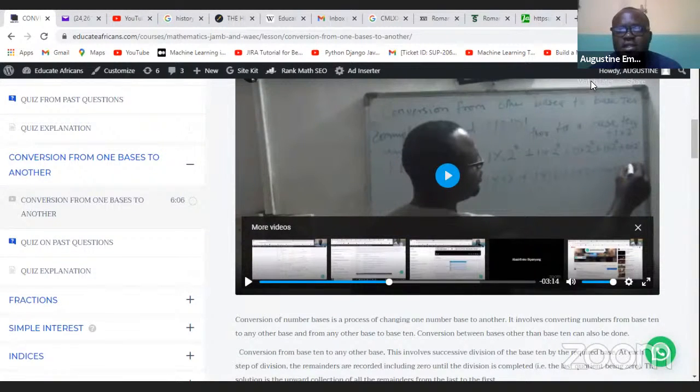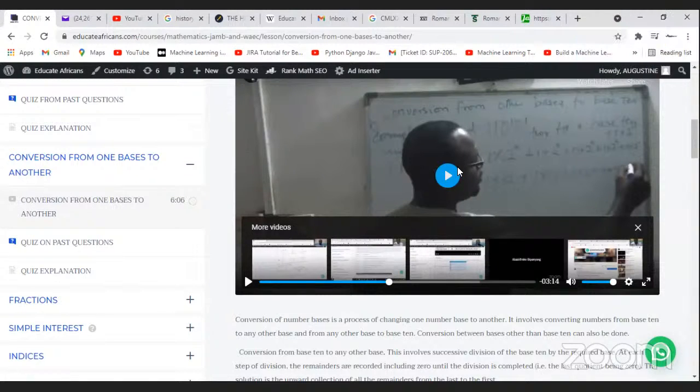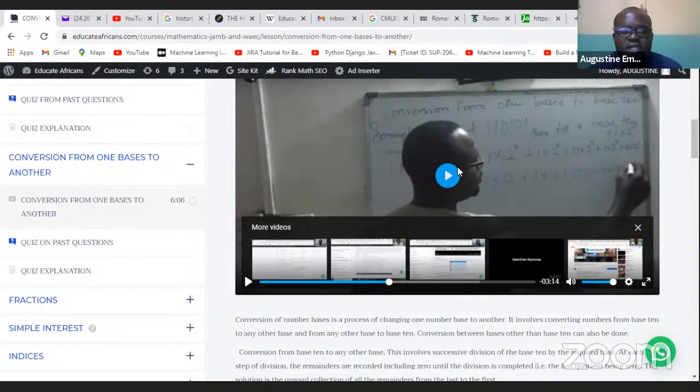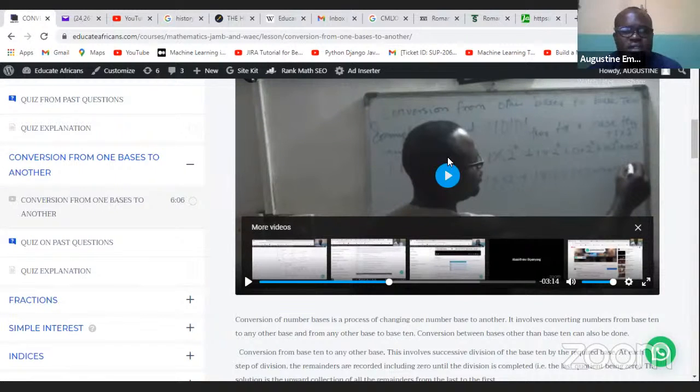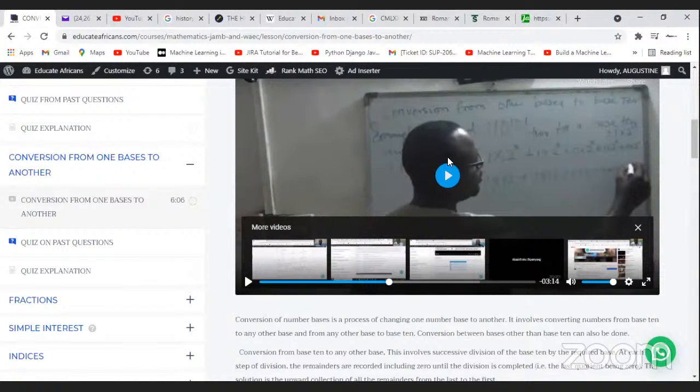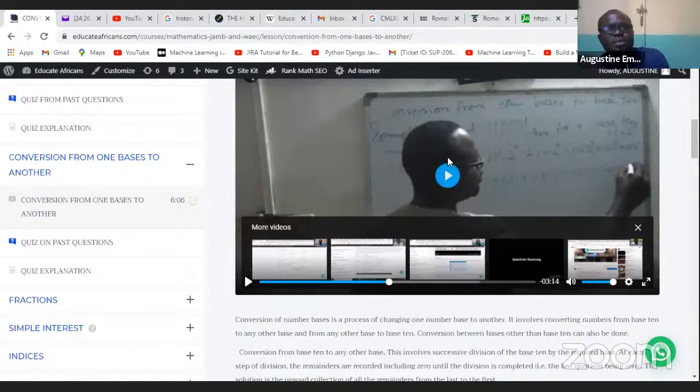Let me check the chat and see. Okay, what about power expansion? Is it extension or expansion? Expansion, good. That's what we are doing already. If you want to convert to base 10 from other bases, you use this power expansion.